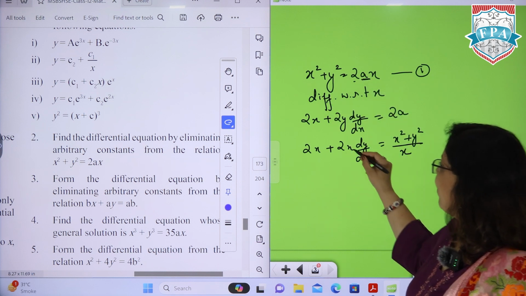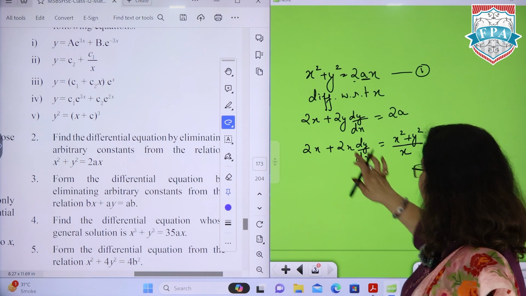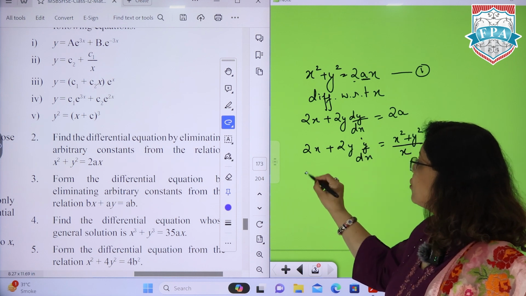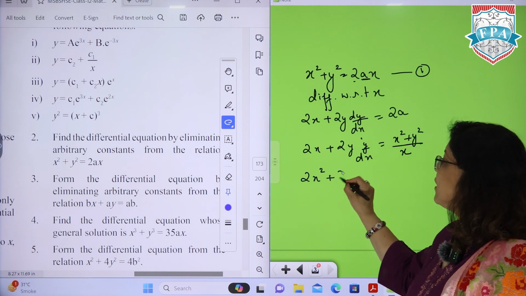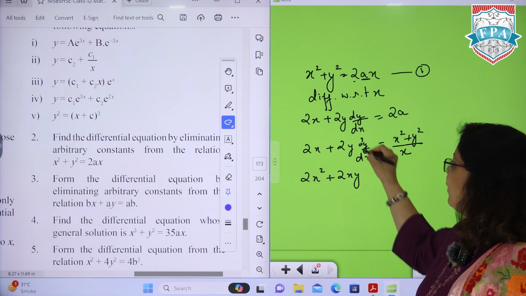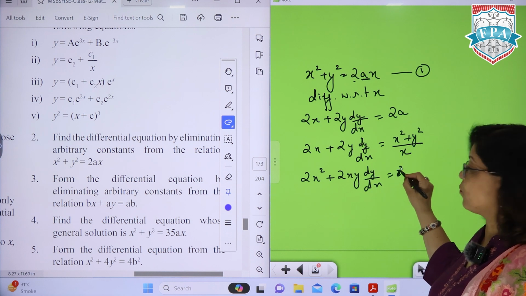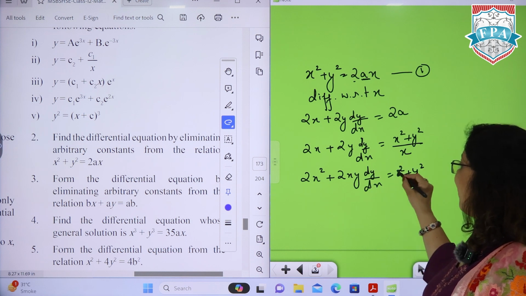Multiply the whole equation by x. This value is y, sorry, I've written it as x. Okay, it is 2y. So now it is 2x square plus 2xy dy by dx is equal to x square plus y square. We'll simplify this.